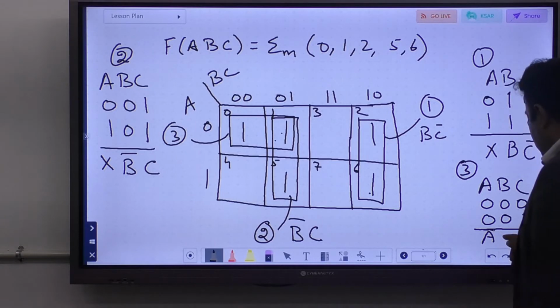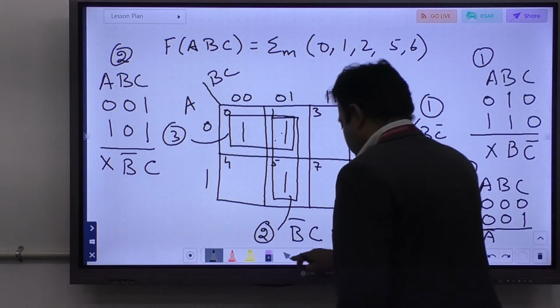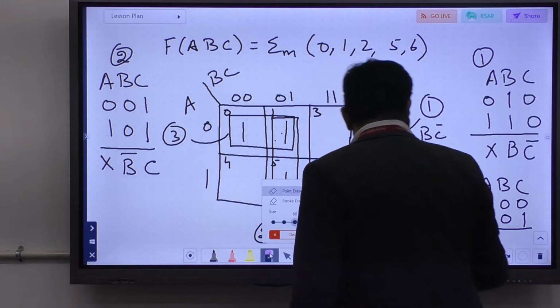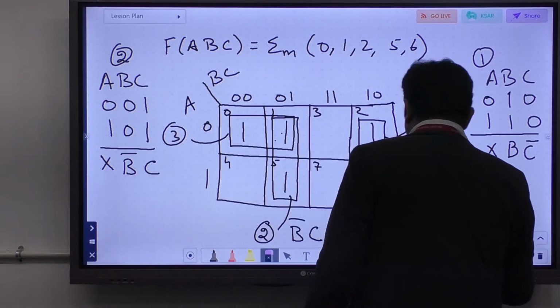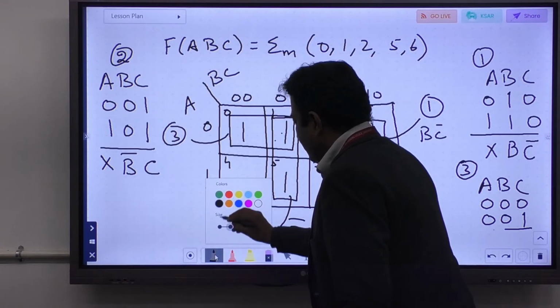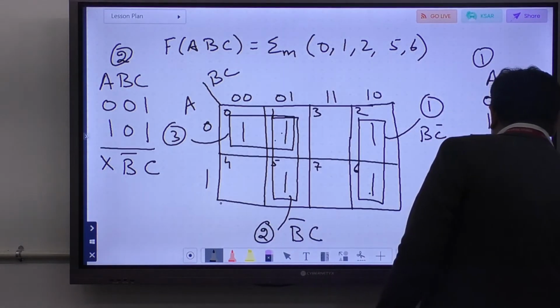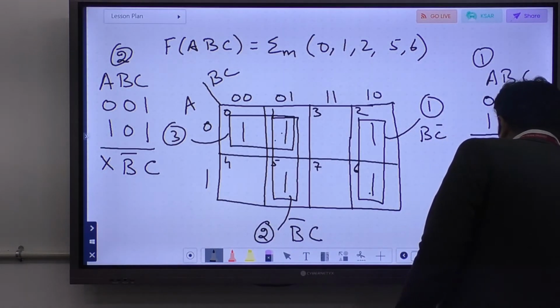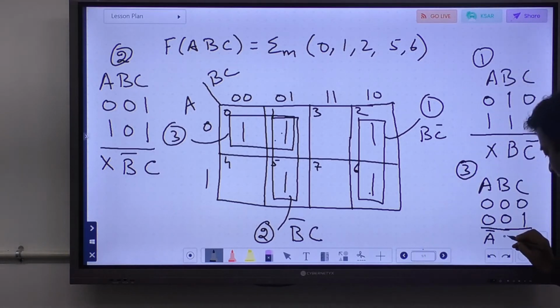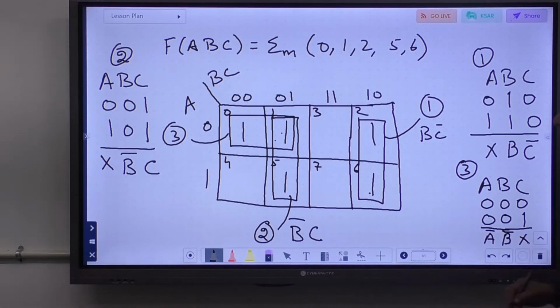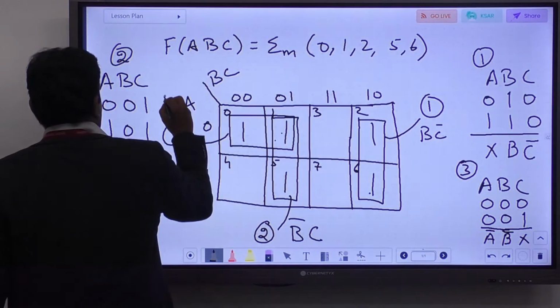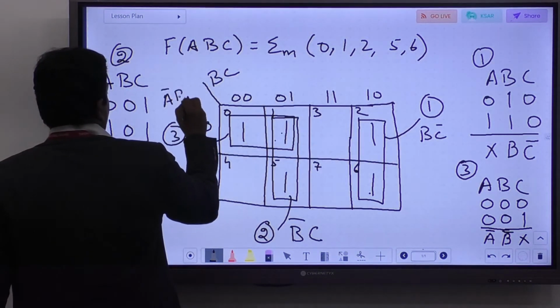A bar, and for this it is B bar, and here we can discard. So the output for the third group is A bar B bar.